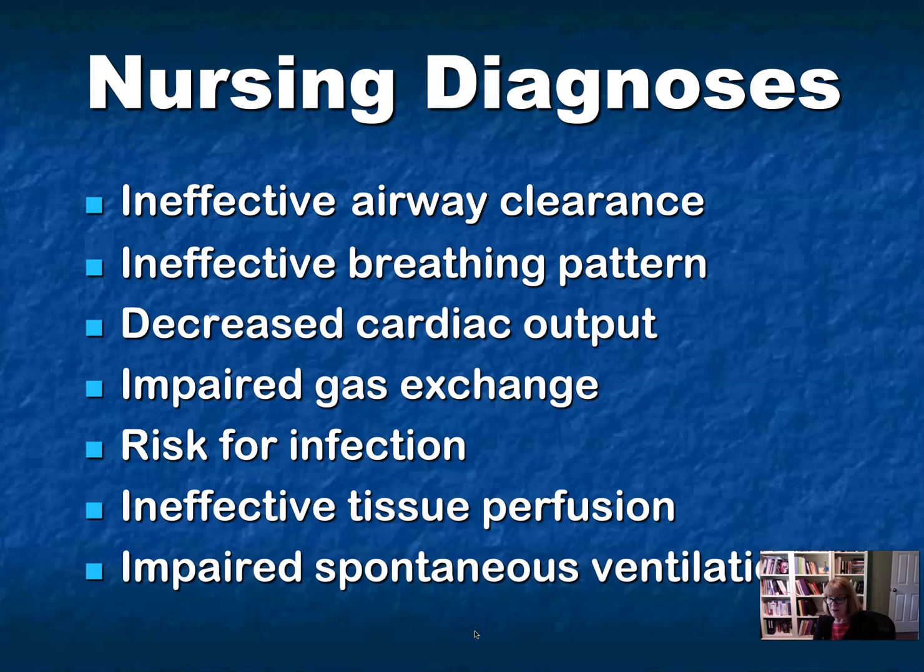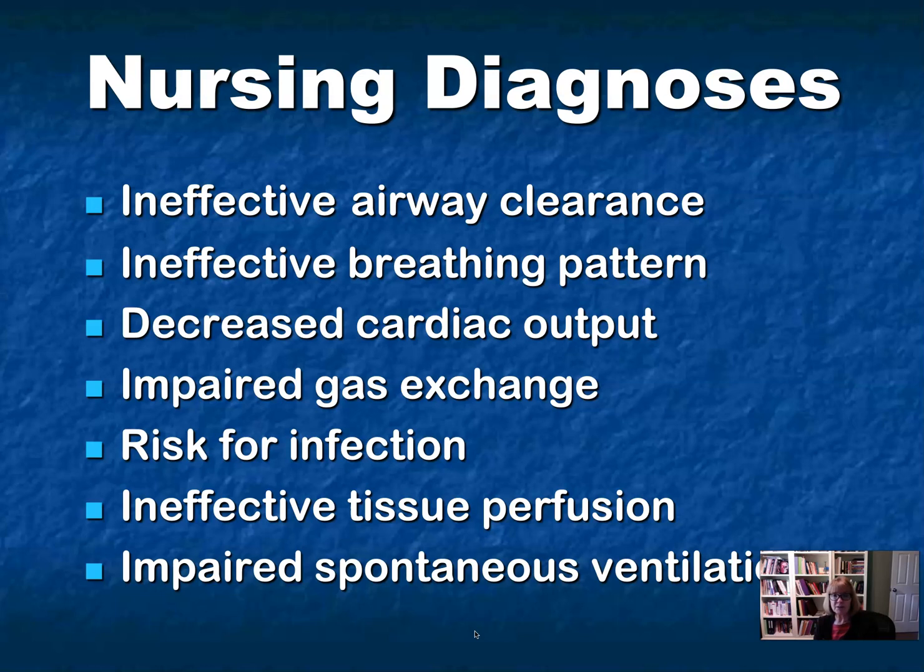We've done our assessment and we've gathered up everything we can find related to pulmonary and cardiac functioning. So what are some potential nursing diagnoses that could help us? Well, maybe they have ineffective airway clearance or breathing pattern, decreased cardiac output, impaired gas exchange, risk for infection, ineffective tissue perfusion, impaired spontaneous ventilation.